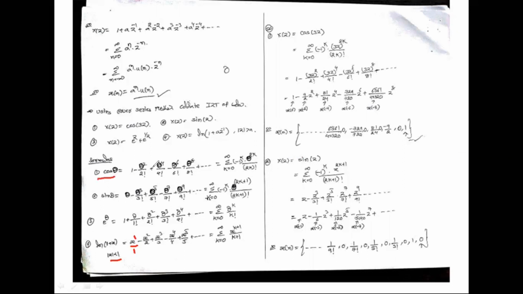Cos is an even function, theta power 2k by 2k factorial. And minus 1 whole power k is because it alternately gives you plus, minus, and so on. In sine theta also, sum of k equal to 0 to infinity, minus 1 whole power k, because it is getting plus, minus, and so on. What is it? Odd function. Sine theta is odd.